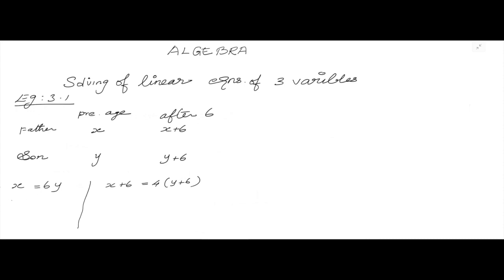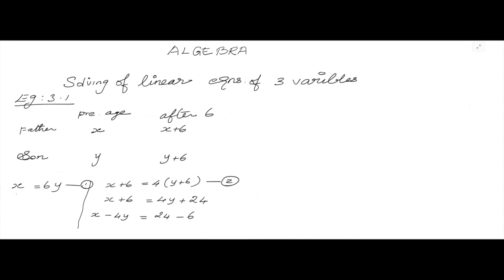So here, first we'll take the second one. x plus 6 is equal to 4 times y plus 6, 4 sixes are 24. So what do you get? x minus 4y is equal to 24 minus 6. And what is your first equation? This will be your first equation and this will be your second equation.